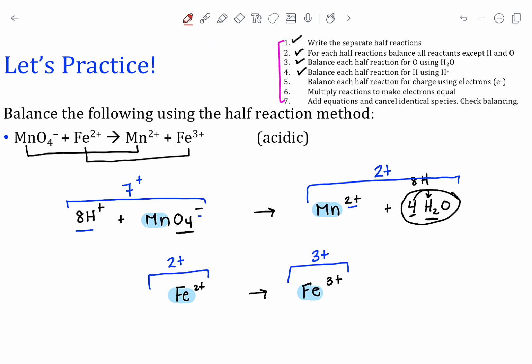Okay, so if I have 7 plus on one side of my reaction and 2 plus on the other side of my reaction, and the only thing I can do is add electrons that will essentially subtract from that charge, how many electrons do you think I need to add, and onto what side do you think I need to add them in order to balance out the charge? Remembering that charge balance does not mean 0 on either side, it just means the same charge.